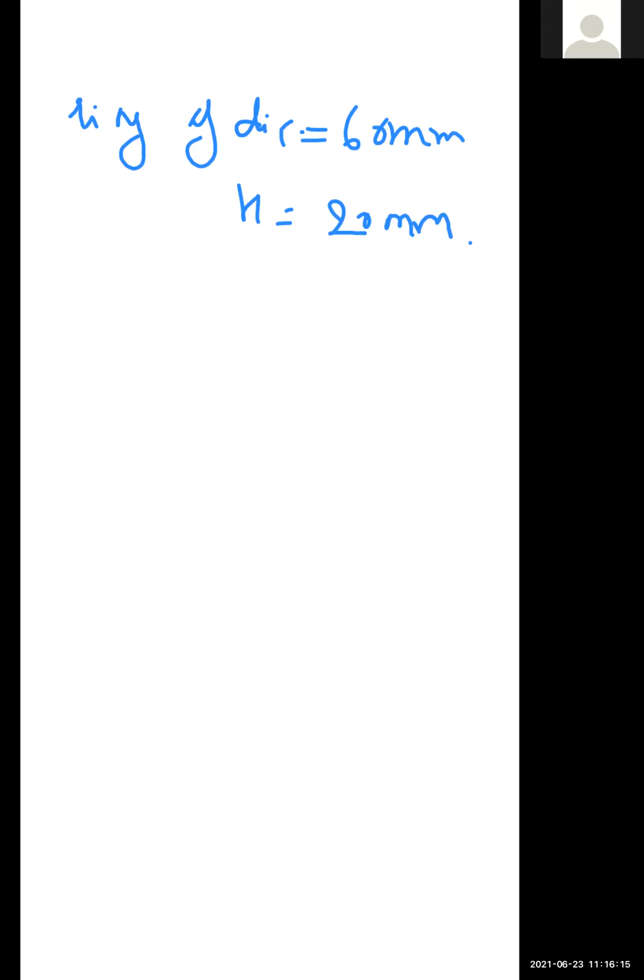Then two porous plates, either of stone of silicon carbide or aluminum oxide or any porous metal.